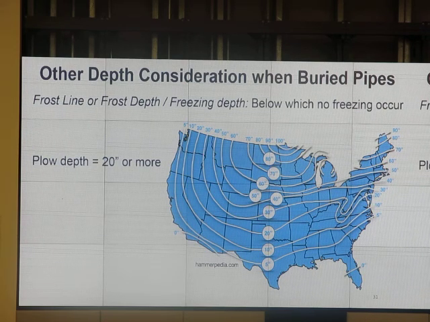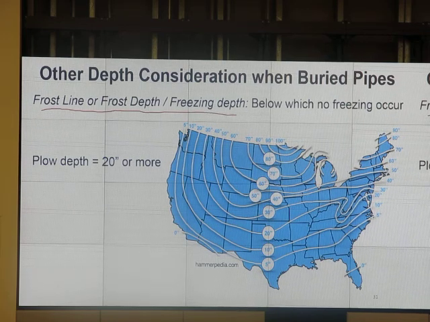But if you are in level land, okay, in Lubbock, West Texas or something, you may think, how much do I have to bury the pipe? What is the depth? Number one, we have something called frost line, or freezing depth, below which no freezing occurs.